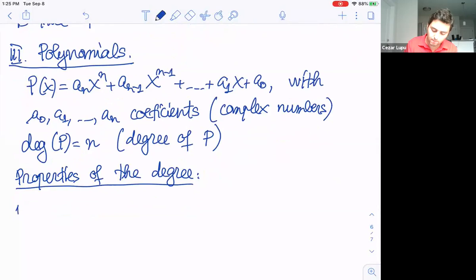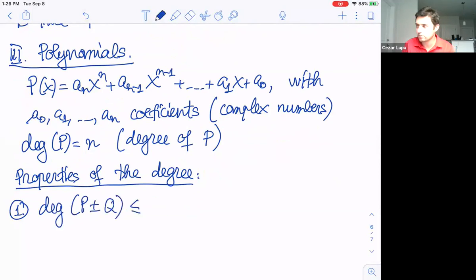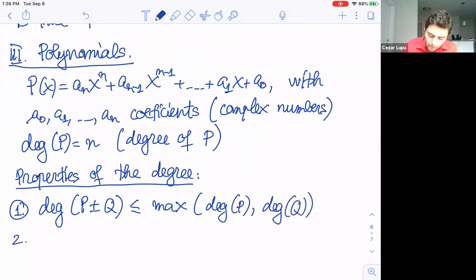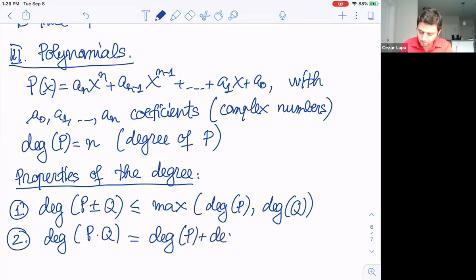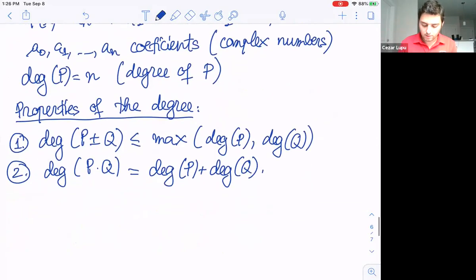The first one is that if we add or subtract two polynomials, the degree of P plus Q is less or equal than the maximum between the degree of P and the degree of Q. Another important property is that the degree of the product is nothing else than just the sum of the degrees: degree of P plus degree of Q, right?